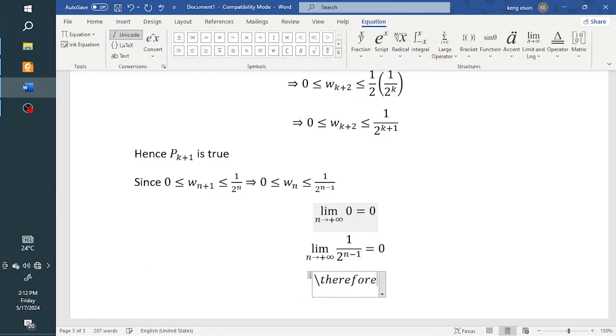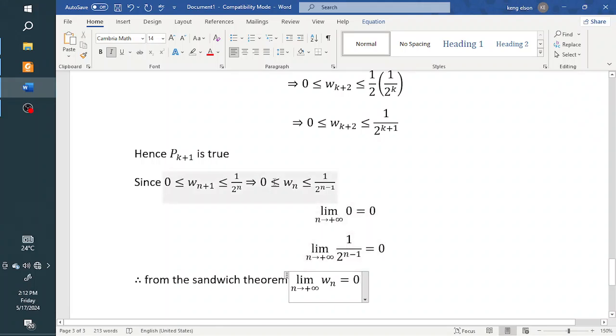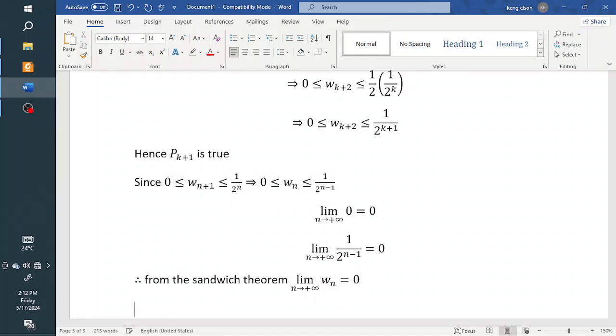Therefore, from the sandwich theorem, the limit as n goes to plus infinity of W_n is equal to 0. That's what the theorem is saying: if something is bounded between two other things, and those two other things have the same limit, then the limit of that thing is that limit. Okay, so we have deduced.